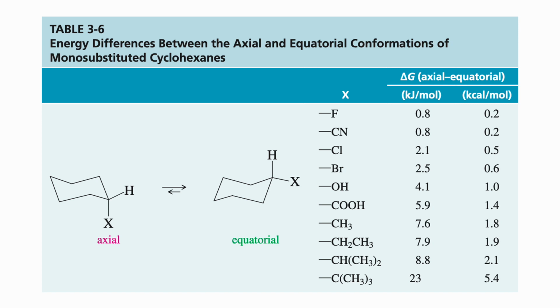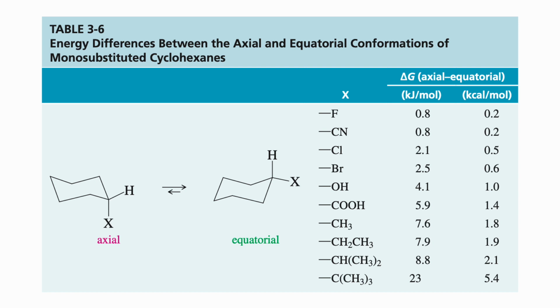So this table shows some of the energy differences between the axial and equatorial conformations of monosubstituted cyclohexanes. So X is just going to be whatever group we see in that first column, and the difference is just going to be whether that group is equatorial or axial, and the amount of energy that is the relative stabilizing or destabilizing energy, depending on how you want to look at it, of that group.